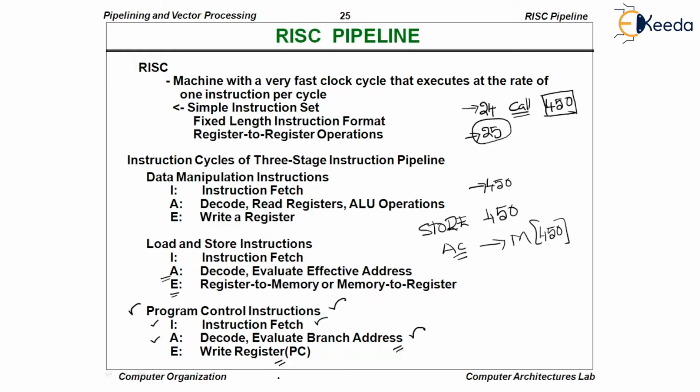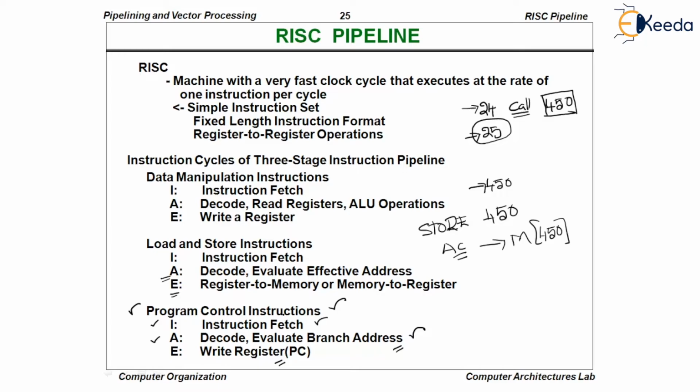So this is all about RISC pipeline, in which mainly we do have 3 stages. The first stage, of course, for any kind of instruction, will be instruction fetch. But the second stage varies between the types of instructions. If it is a data manipulation instruction, the second stage is all about decoding, reading registers and ALU operation. If it is a data transfer instruction, the instruction will get decoded and the effective address will be calculated.